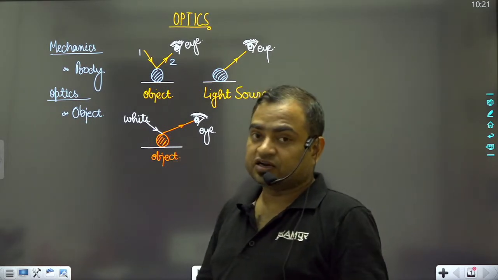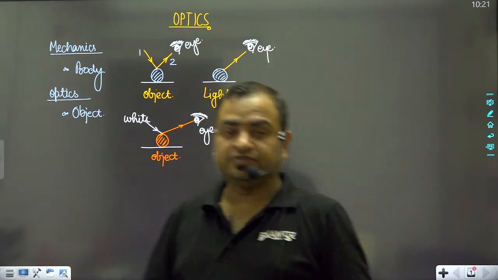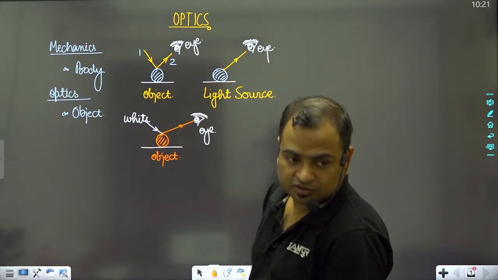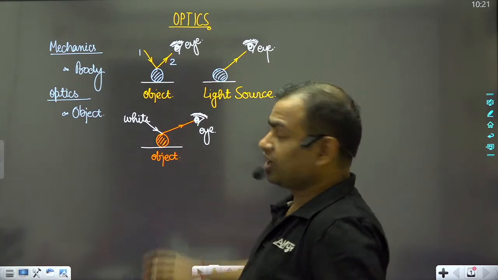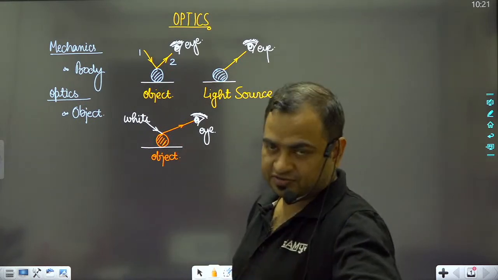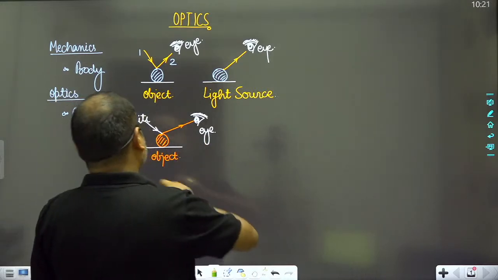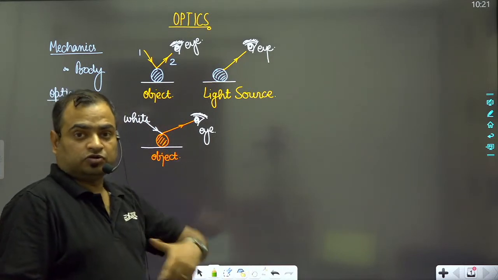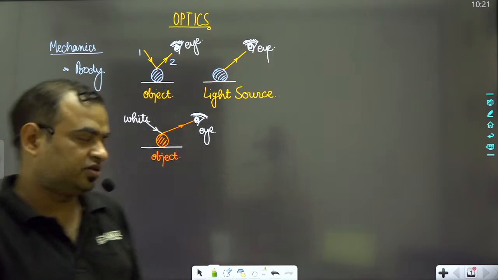And if an object can reflect all the seven colors, then obviously this object would appear white. So this is the basic concept of how objects look, I mean in the case of colors.